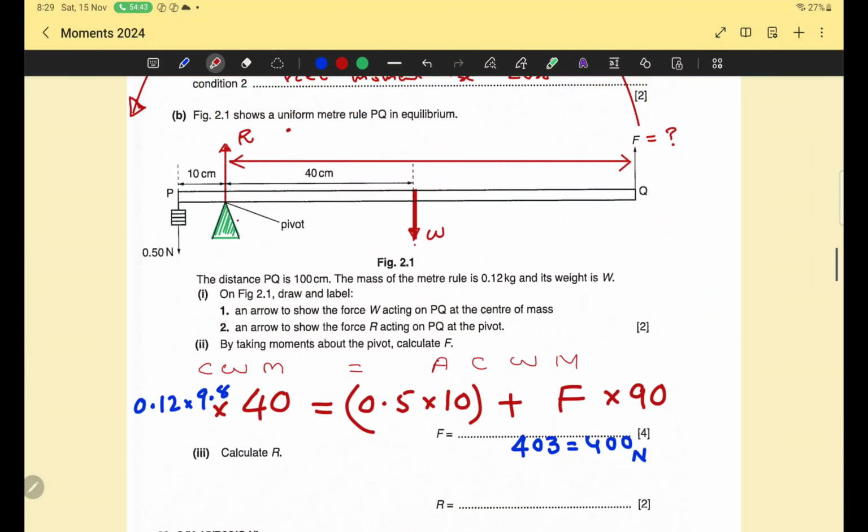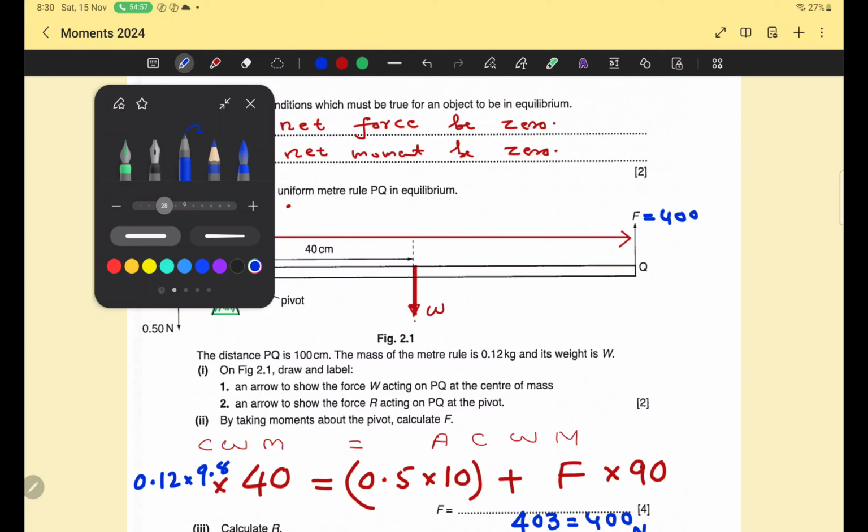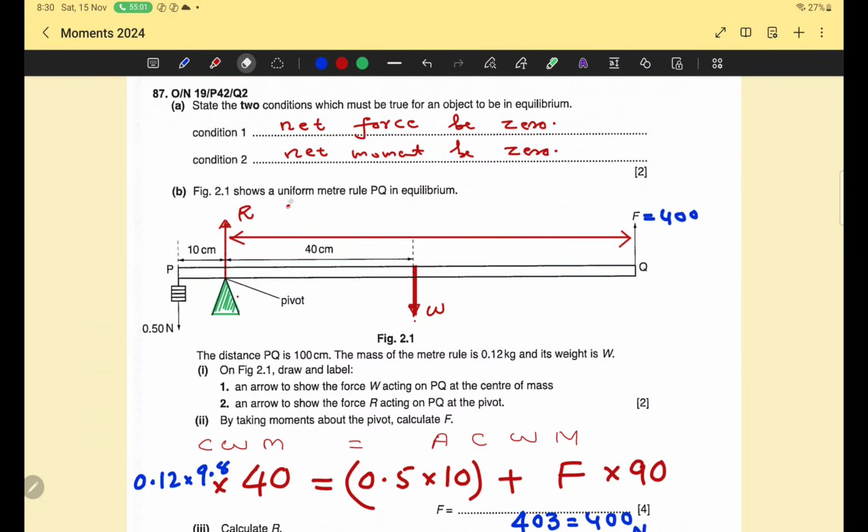Now they are asking to calculate R. Calculate R. Sir, to calculate R, I should erase the extra arrows. And this force we have calculated as 400. And now they are asking to calculate R. So this R can be calculated by using the first condition of equilibrium, and the first condition is upward forces equal to downward forces.